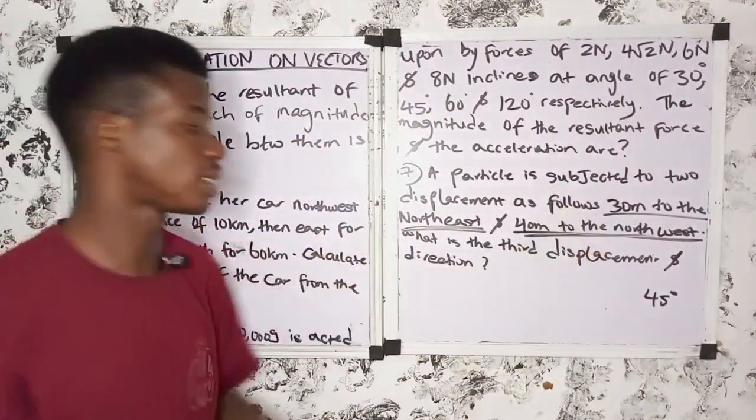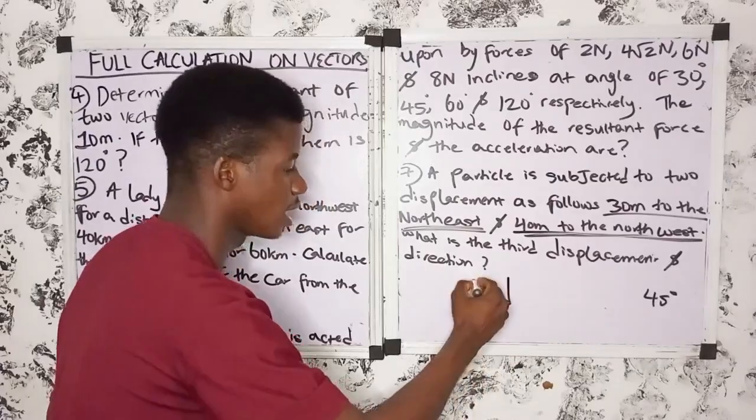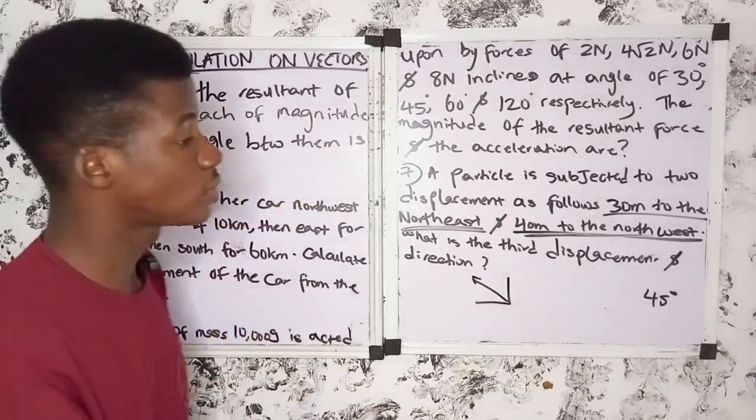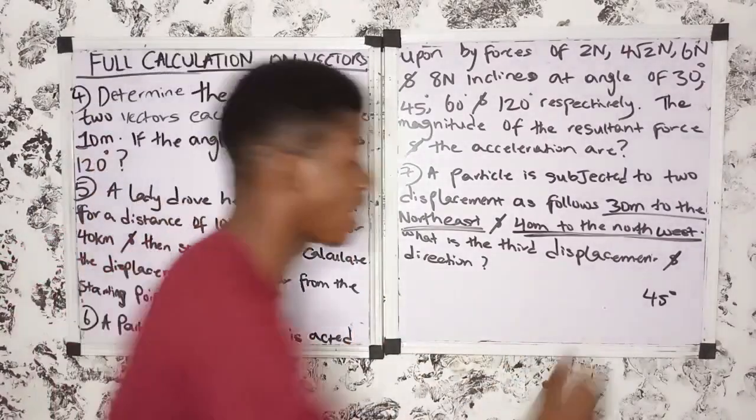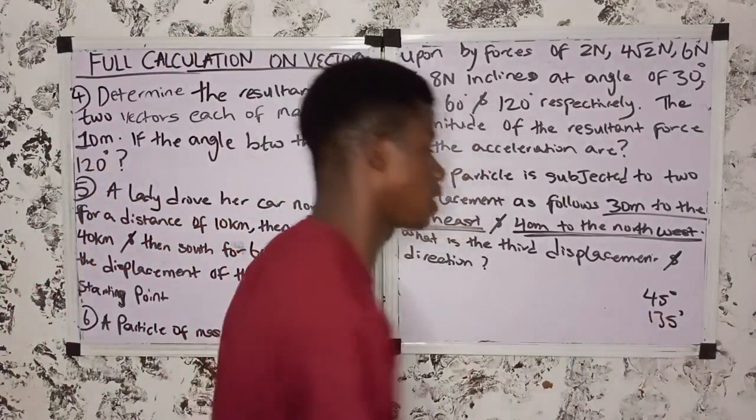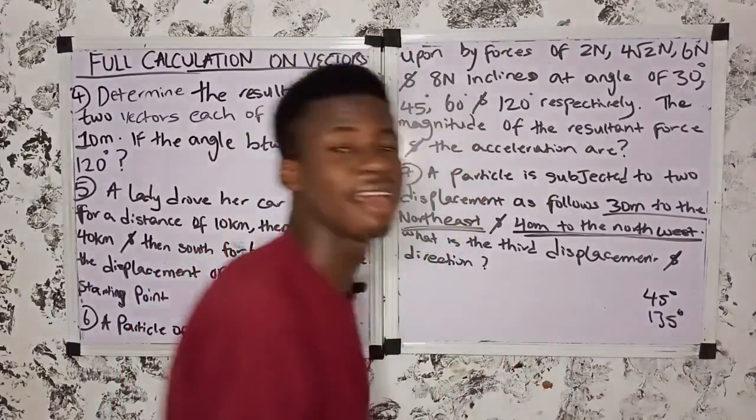What about northwest? Northwest, like this, is at an angle of 135 degrees. I told you guys that one.